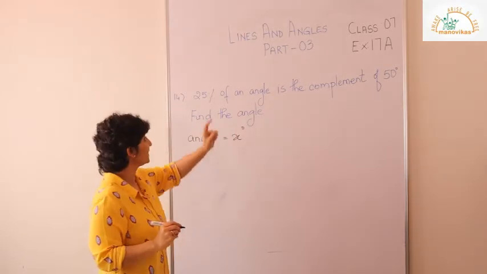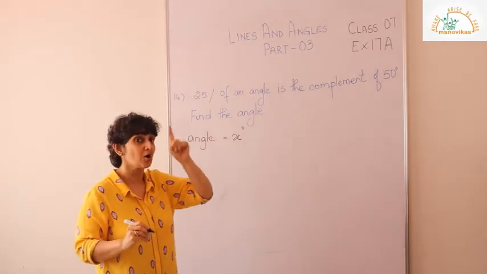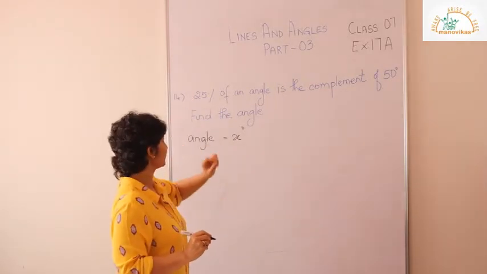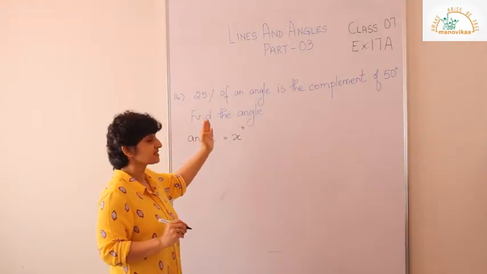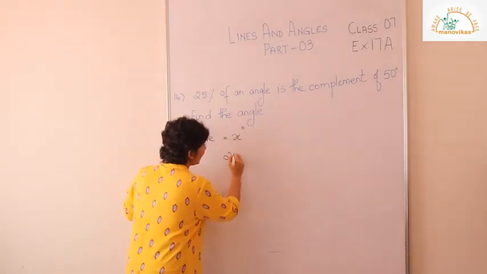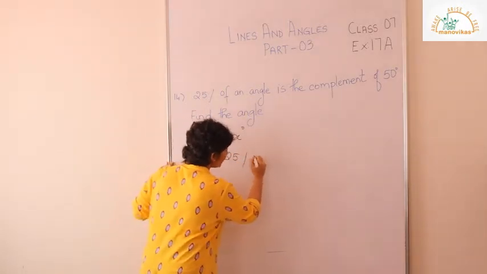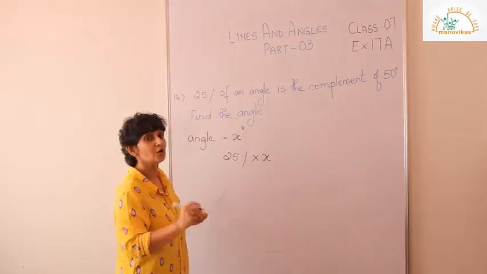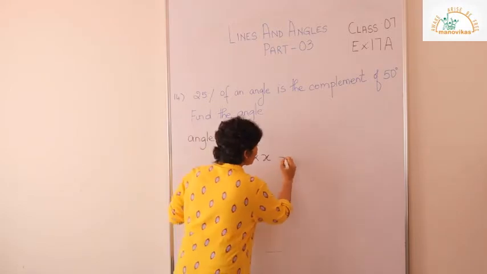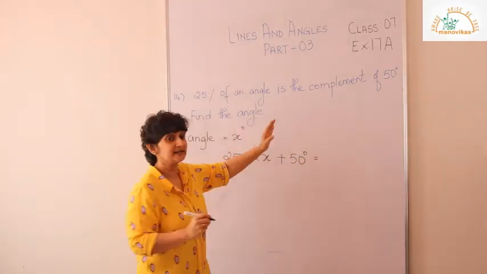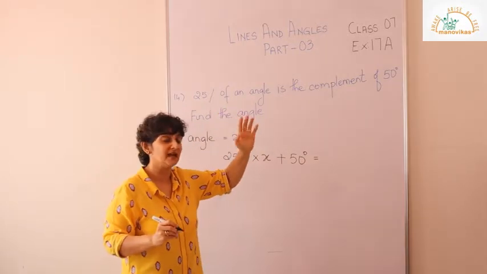Now let's read it again. 25% of means what, children? Of means multiply, correct? So 25% of an angle means 25% of x, and it is the complement of 50, means plus 50 degrees is equal to 90 degrees, since it is a complementary angle.